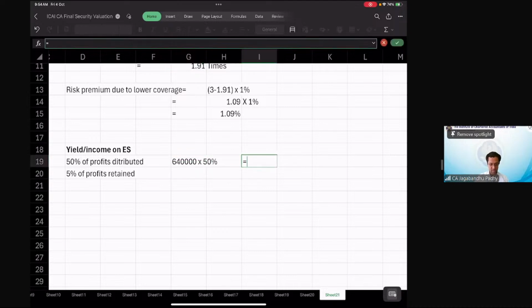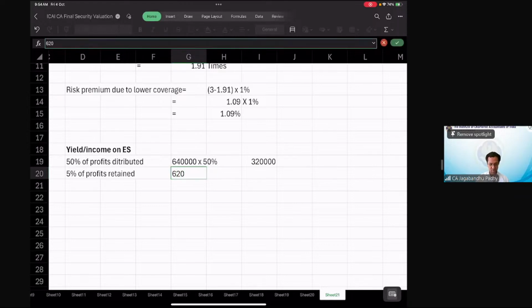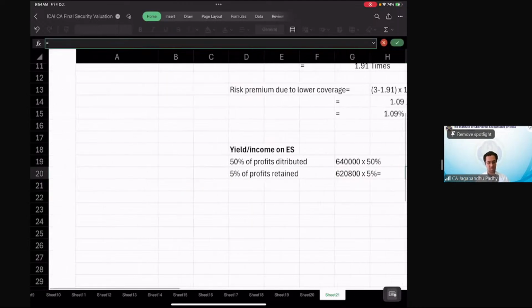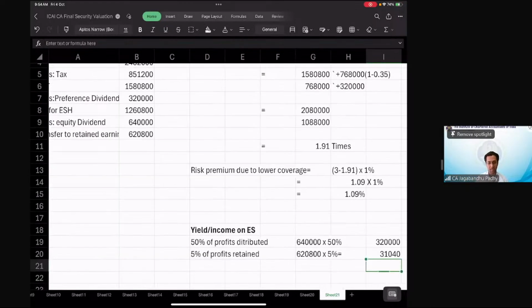And 5% on retained earnings. So retained earnings is like 6,20,800, and on that we are assuming 5%. So 6,20,800 into 5%. So this is our total income.